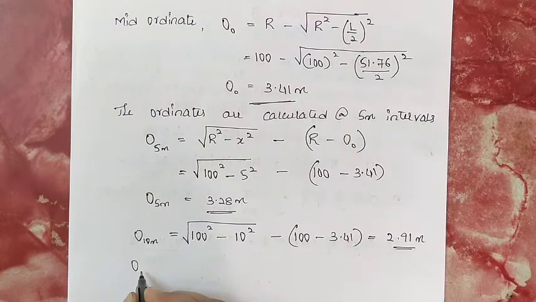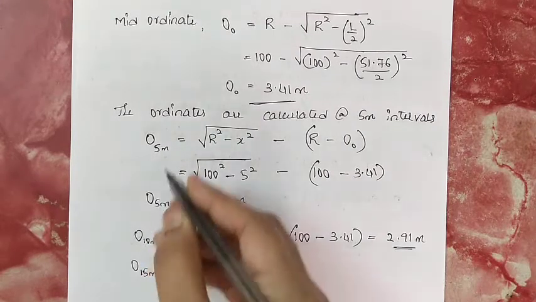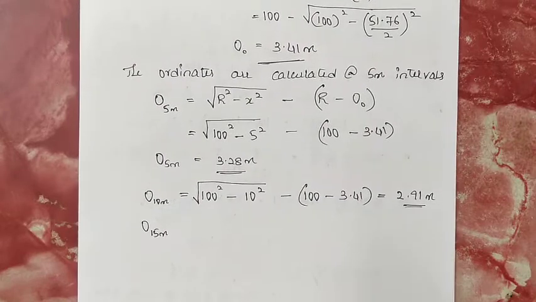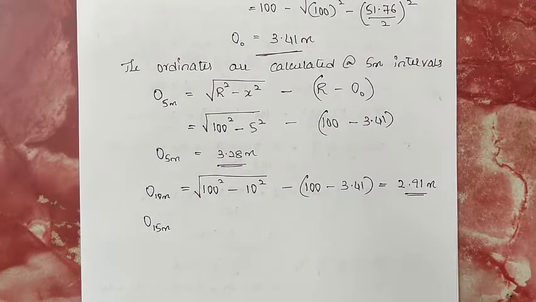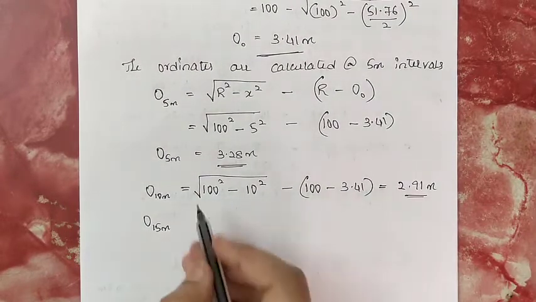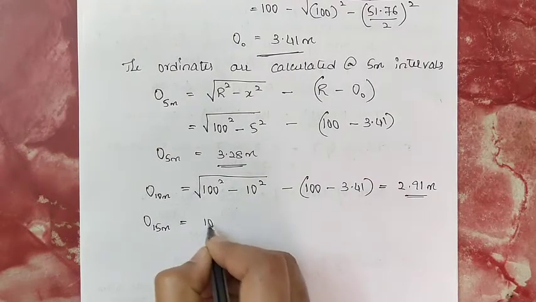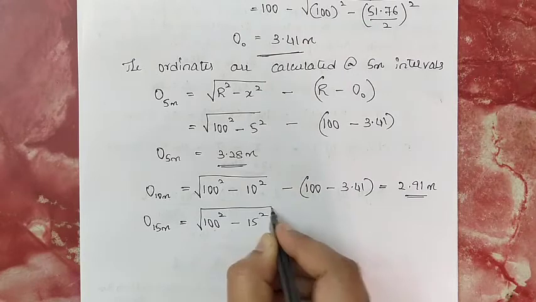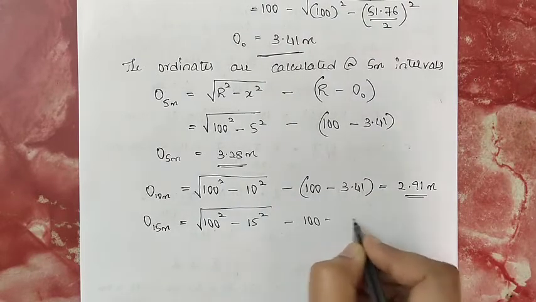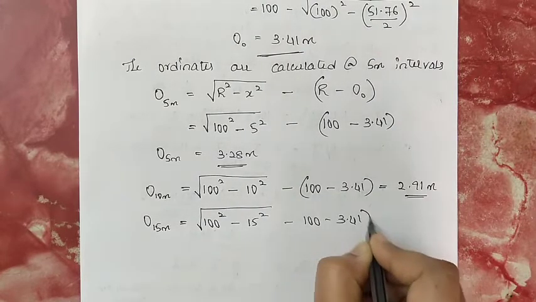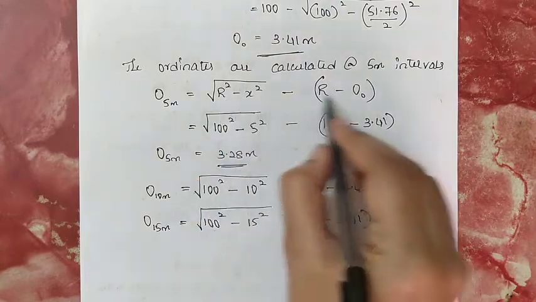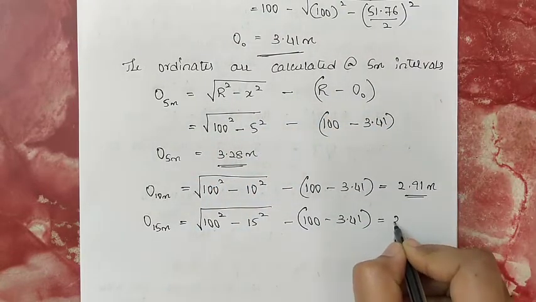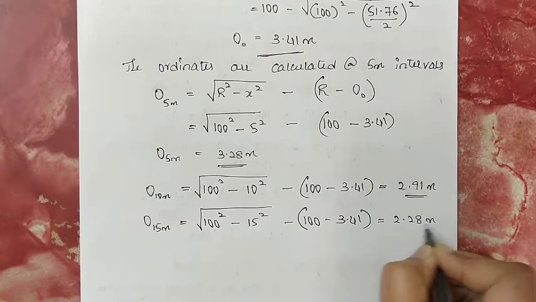Similarly, at 15 meter: 100 square minus 15 square under root, minus 100 minus 3.41. Only the x value changes. O at 15 meter is 2.28 meter.